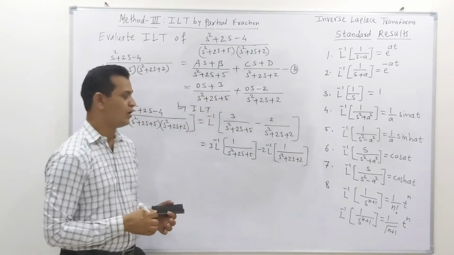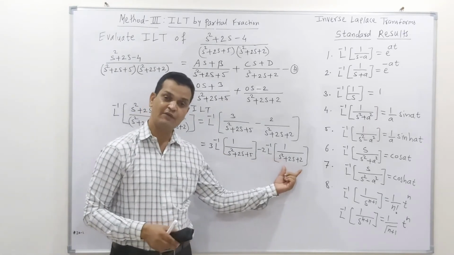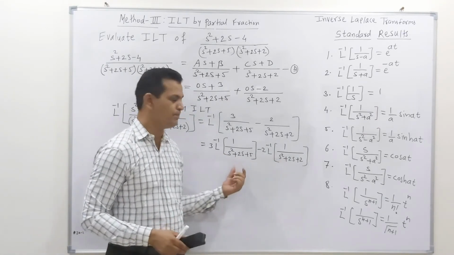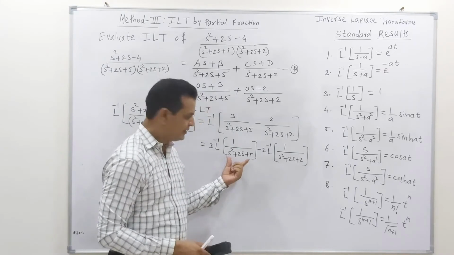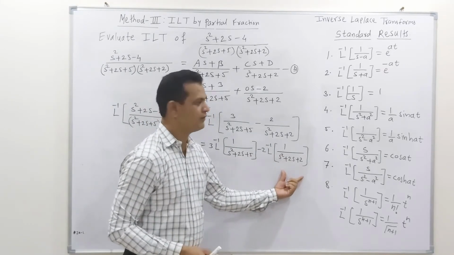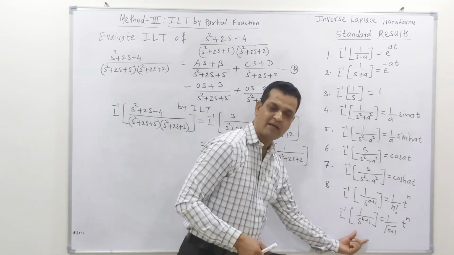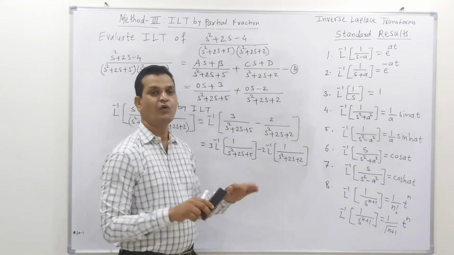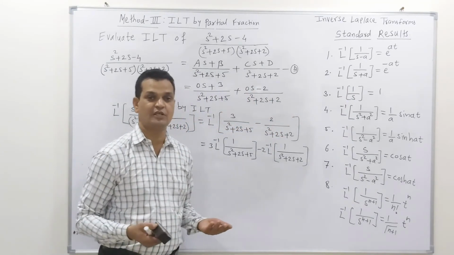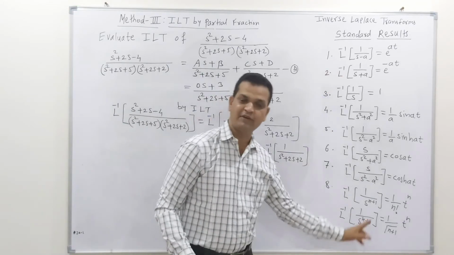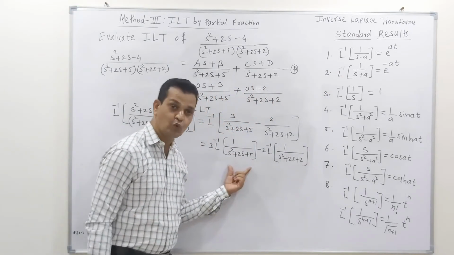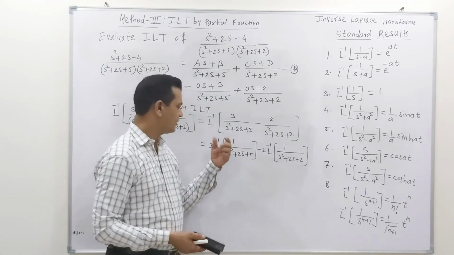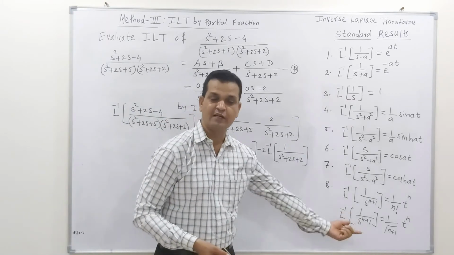Now friends, observe that neither of these expressions is in our standard form, even though we did the partial fraction. So let's do some adjustment so that we can easily convert them into the standard form.